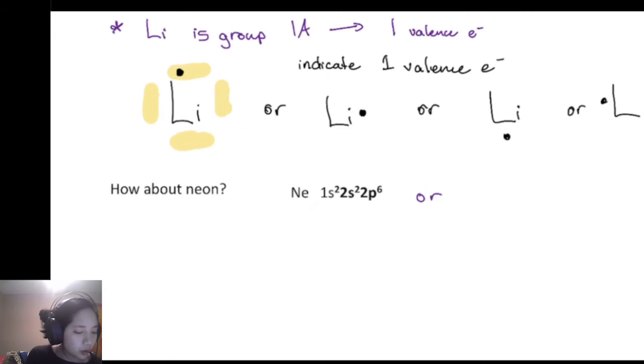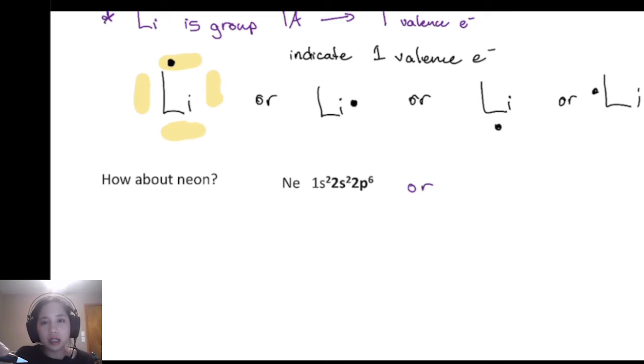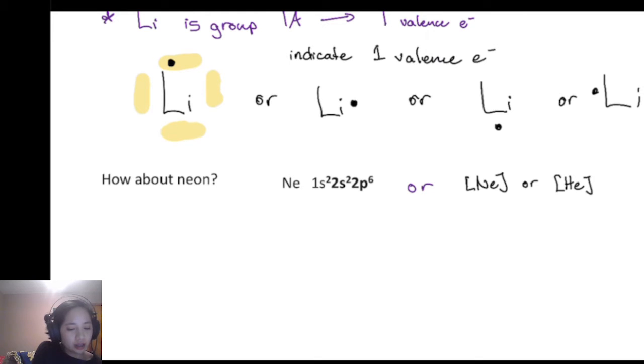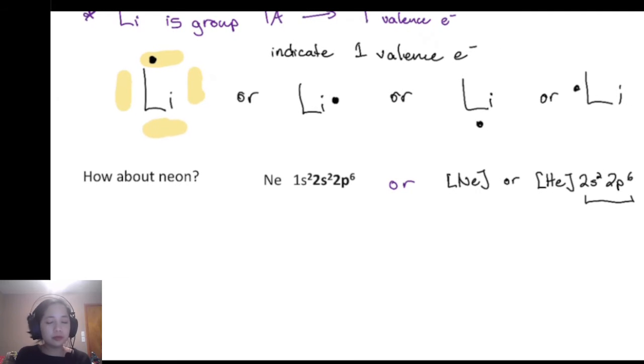So let's do another example, neon. So neon, here is its electron configuration. So for neon, its shorthand electron configuration is also just neon. Or you could write it like this. You could say that there's a helium core, and then you have 2s2 and then 2p6 electrons, which would, oops, that's cut off.